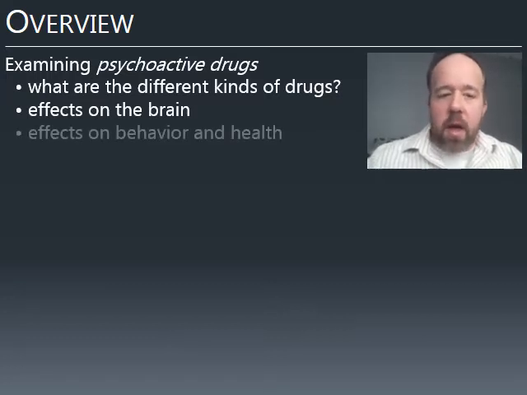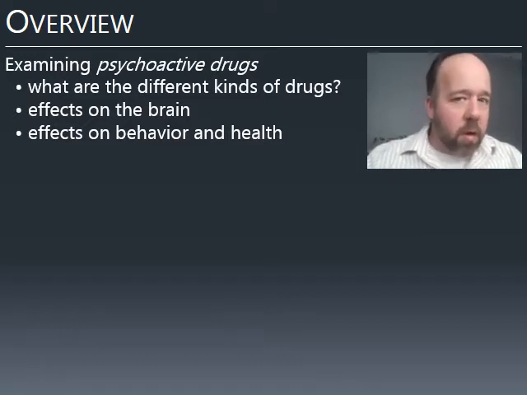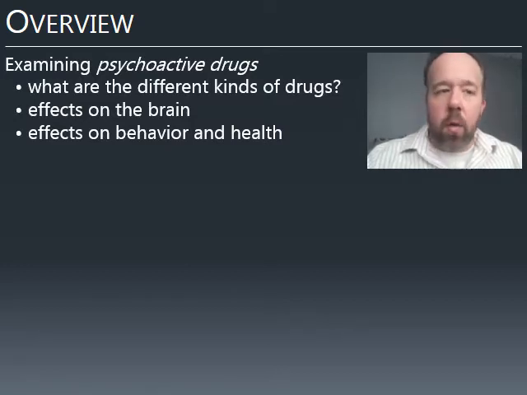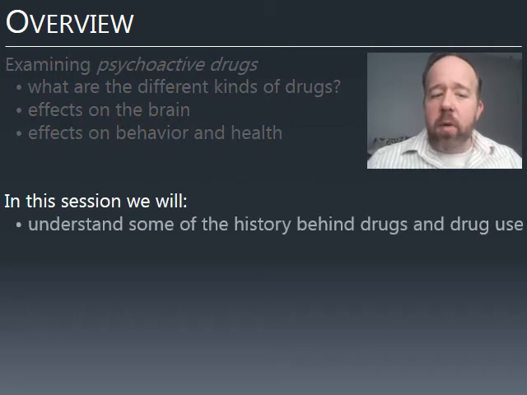And we're going to see that the effects that drugs have on the brain, on behavior, on health, are often mediated by these neurotransmitters. That the effects of a drug are dependent on what neurotransmitter system or systems that drug affects.